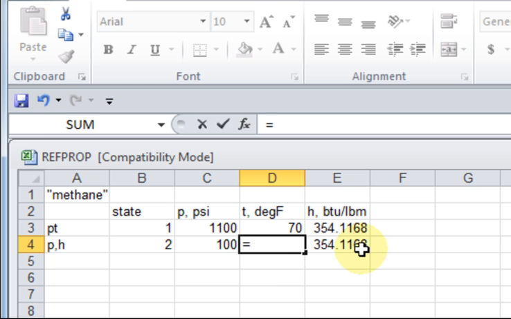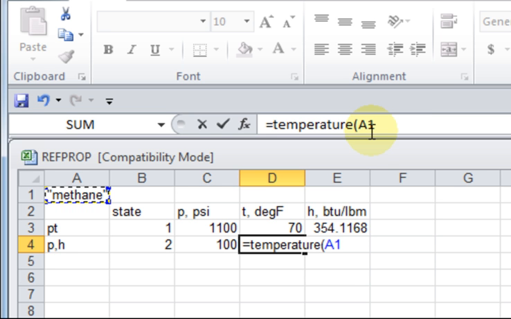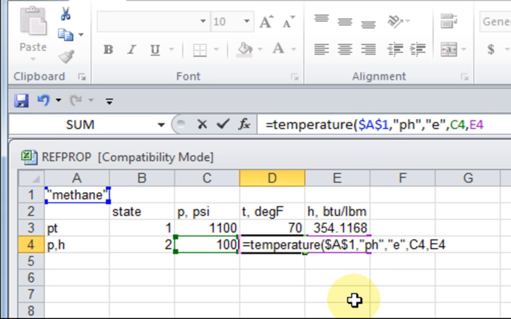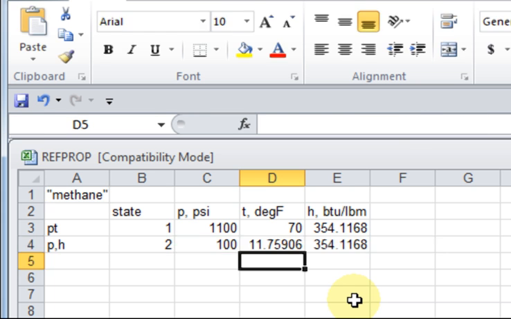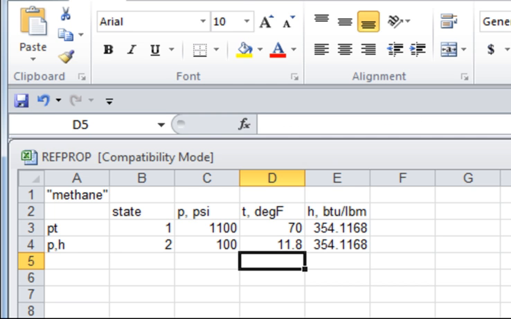So I say give me the temperature for methane right here, knowing pressure and enthalpy, for English units and that value of pressure. I have to grab it and scoot it in. Cell E4 has my enthalpy value. And take a look at that temperature. It's dropped down to 11.8 degrees F.